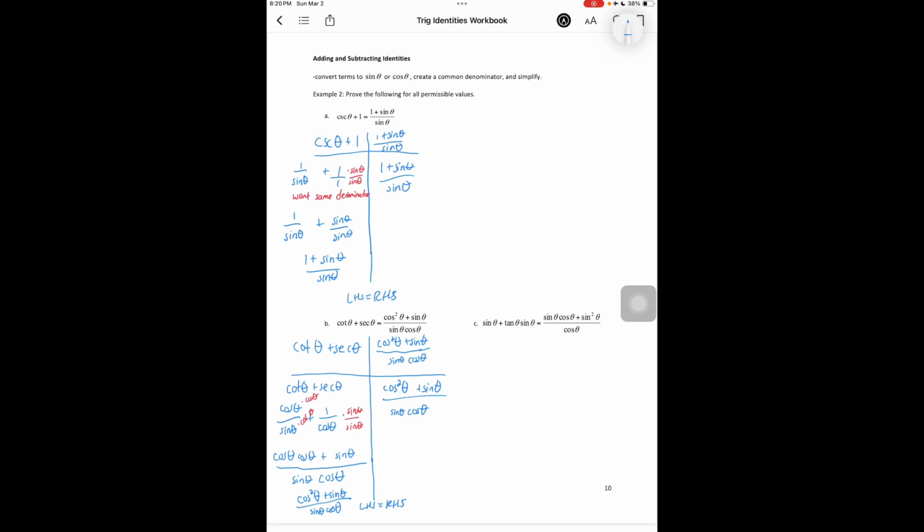So here we have another big equation. I'm going to change the left side because I just like changing everything into one denominator. So sine theta plus tan theta sine theta equals sine theta. Wait.